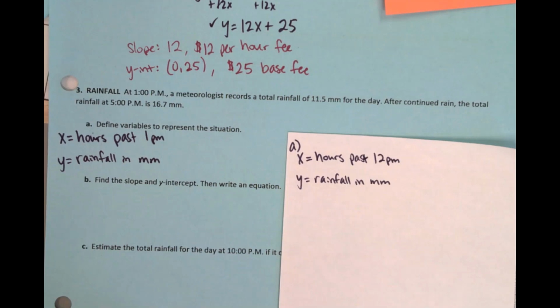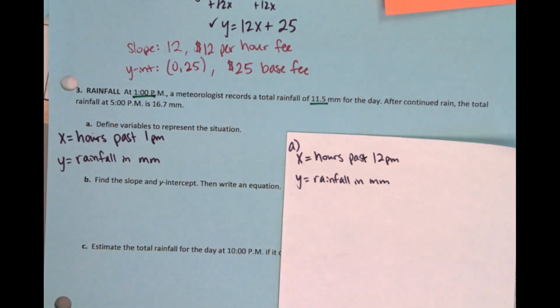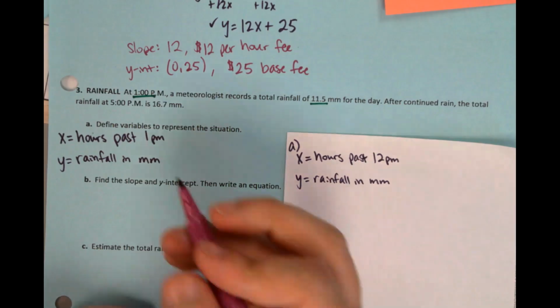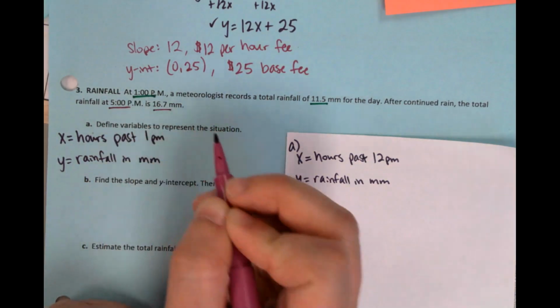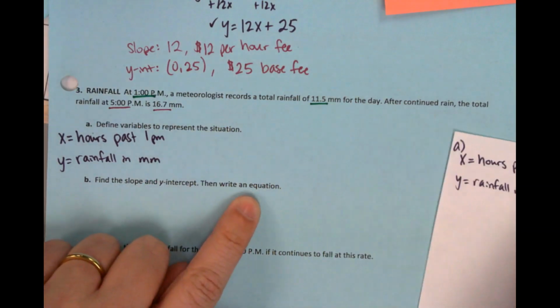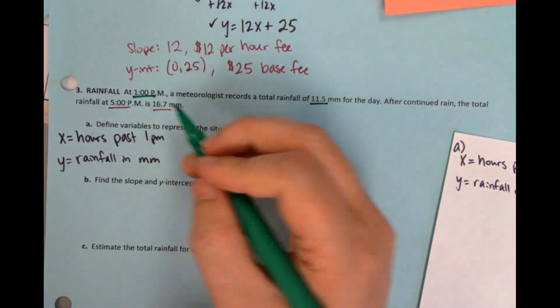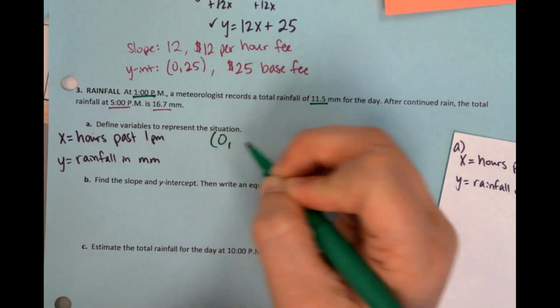So this problem does not give you any type of slope. What it does is it gives you 2 points. It gives us the point at 1 p.m. the rainfall was 11.5, and it gives us the point at 5 p.m. the rainfall was 16.7. So if you're going from the book's definition and we're going hours past 1 p.m., then this time would be 0 hours.